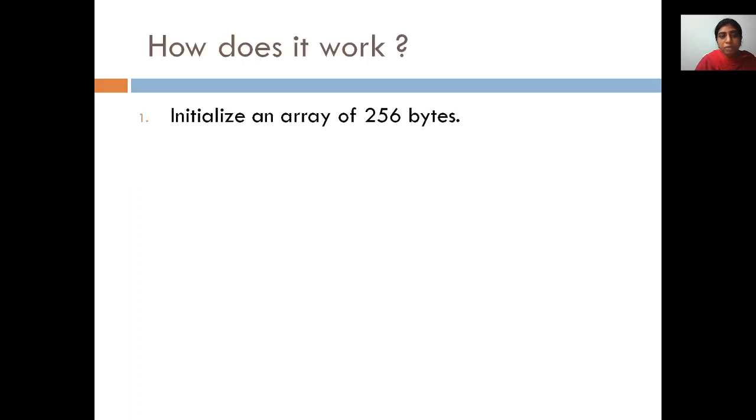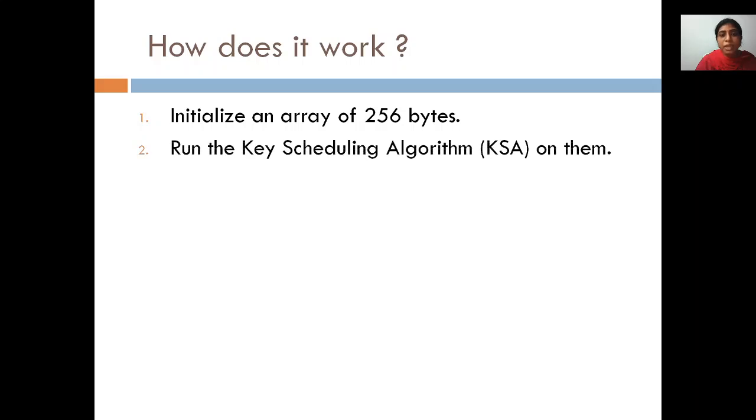Initially we take 256 bytes of data. Like in AES, where we represent them in the form of a 16 by 16 matrix, we take the values. We take the initialization, that is the plain text, and also the temporary values and the key values.